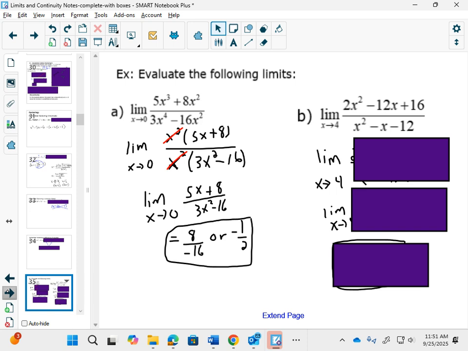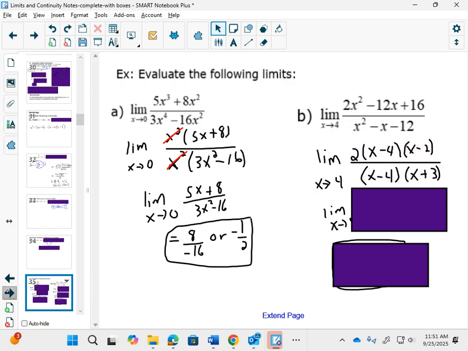This one, if you plug in 4, you get 0 on the top and 0 on the bottom. However, we can factor. And if we factor, one of our non-permissible values goes away. Meaning in the graph of this, you would have a hole.